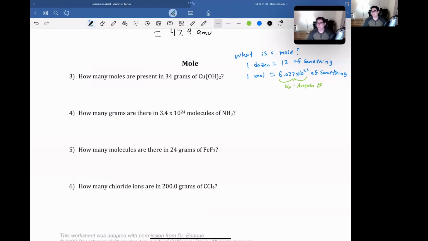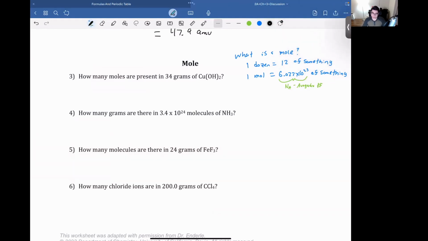That's all it is. It's not more complicated than that. There's always a lot of confusion on it. A mole is a unit of counting, just like a dozen, just like a half dozen, just like a couple. Couple is 2, half dozen is 6, dozen is 12, a mole is 6.022 times 10 to the 23rd. That's all it is.